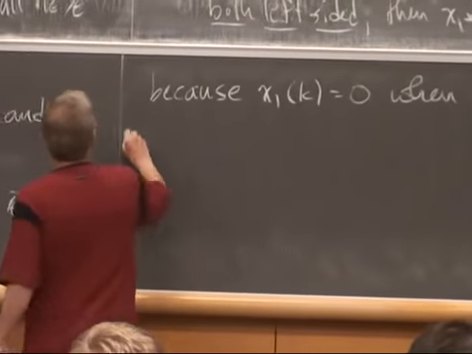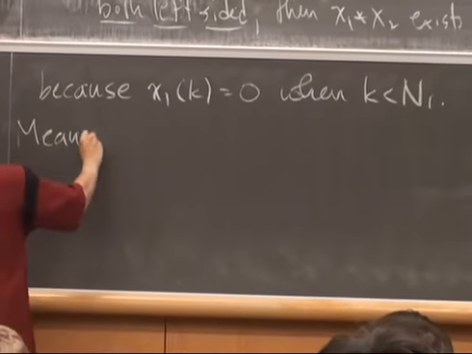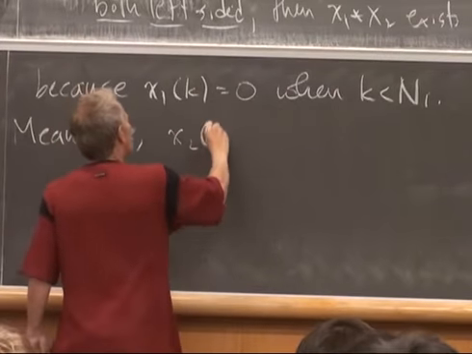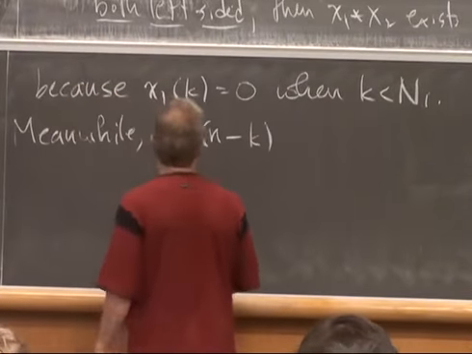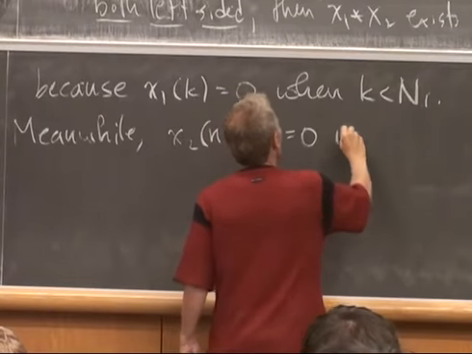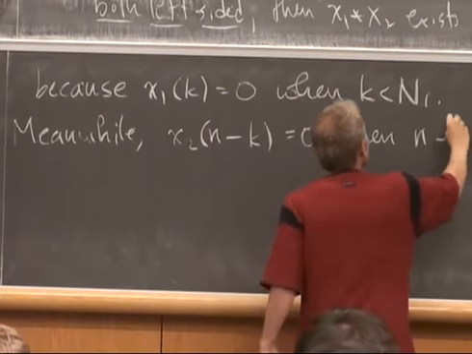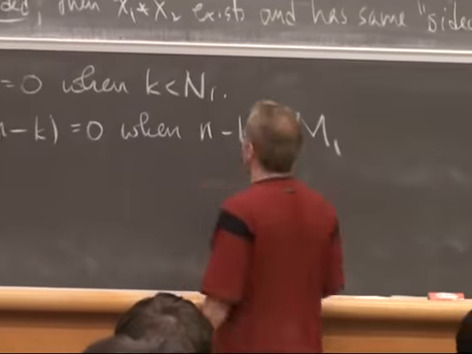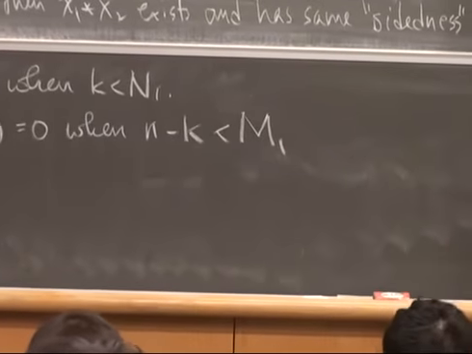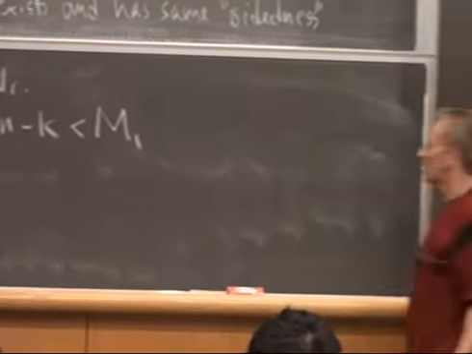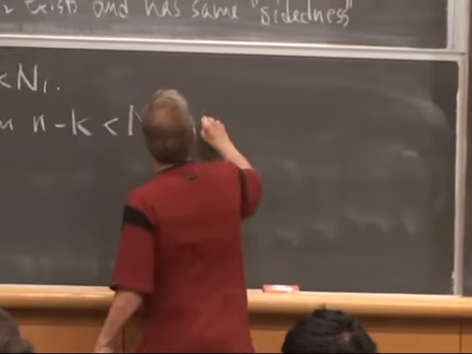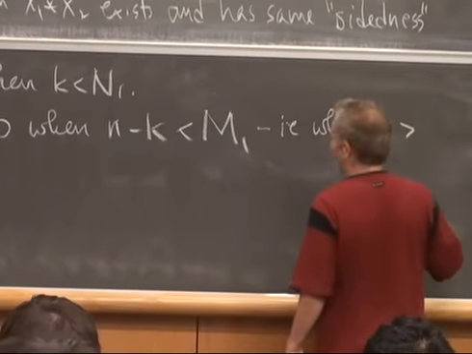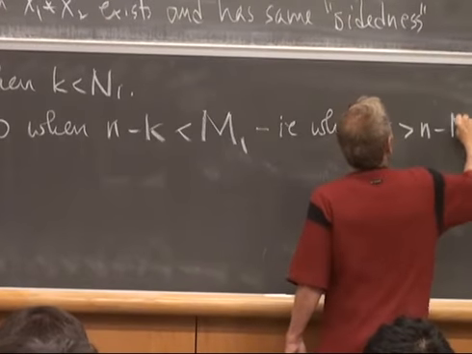So meanwhile, x2 of n minus k equals 0 when n minus k is less than m1, which is the same as saying when k is bigger than n minus m1.